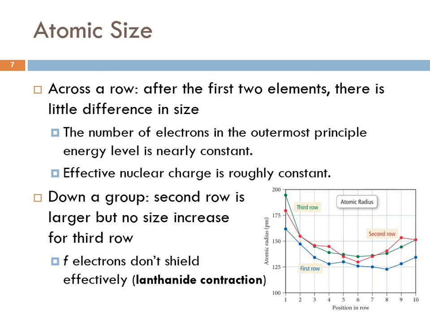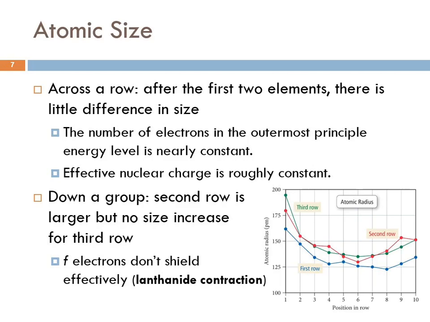This makes sense because, if we're comparing helium, it has 2 electrons in the first energy level. If we compare that to radon, that has electrons in the 6th level. Each of those principal energy levels gets larger. So as you go down a group, the atoms get bigger.